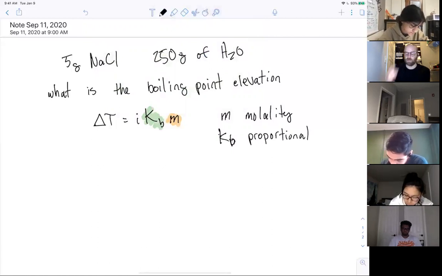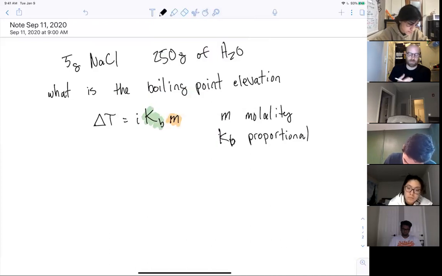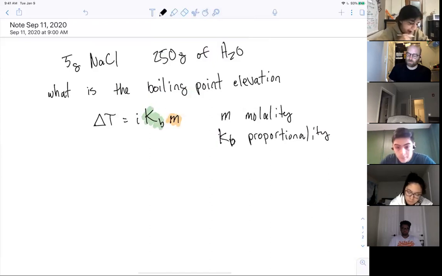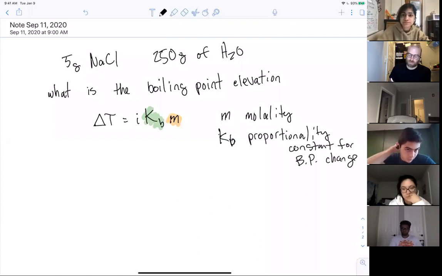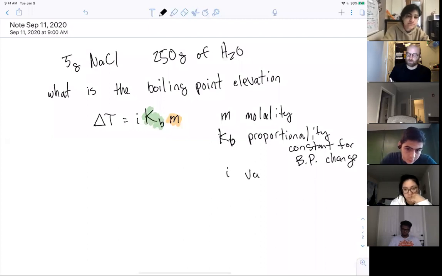When we go on to equilibria, you'll see we also use this capital K to mean equilibrium. So it's just kind of an unfortunate overlap. I'm just going to call this the proportionality constant. The boiling point change probably has some official name that's not that. And then i is just the van 't Hoff factor.